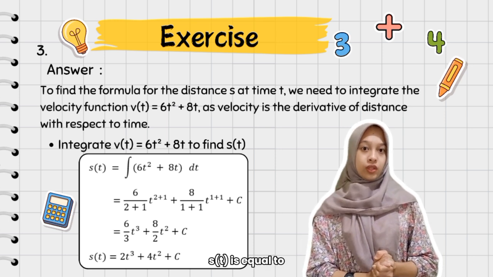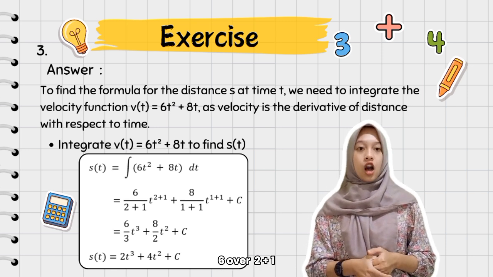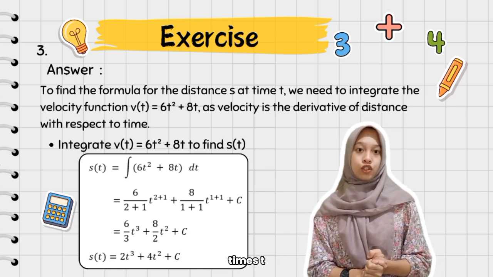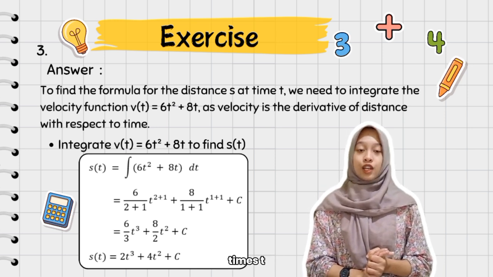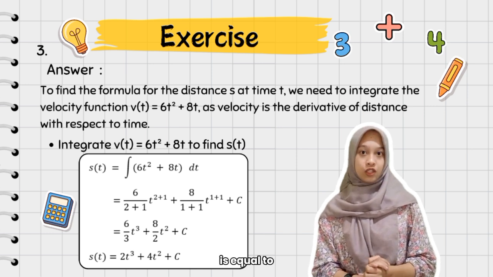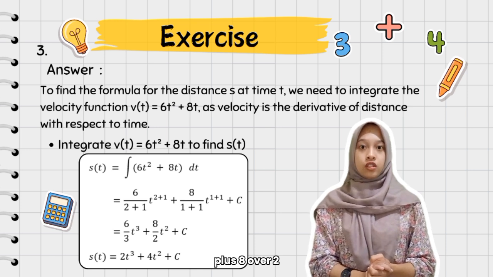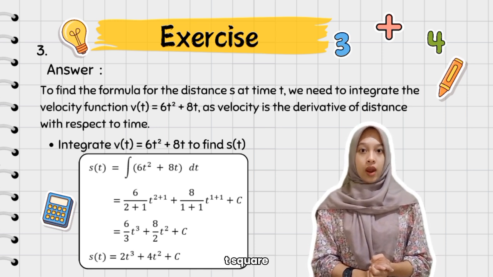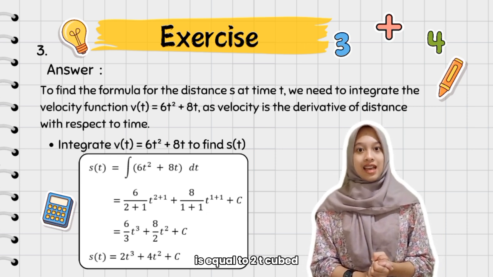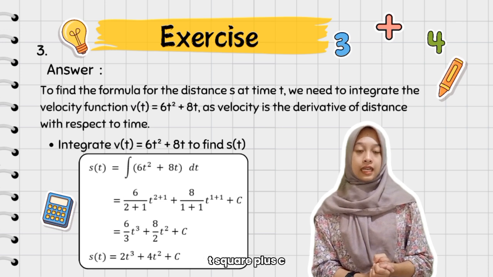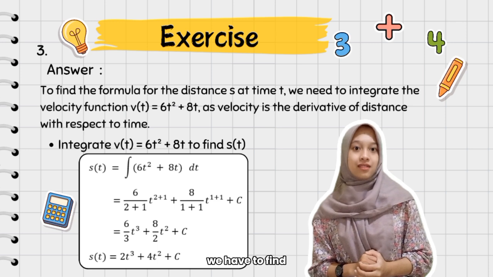So, s(t) is equal to the integral of 6t squared plus 8t, which is equal to 6 over 2 plus 1 times t to the 2 plus 1, plus 8 over 1 plus 1 times t to the 1 plus 1, plus c, which is 6 over 3 times t cubed plus 8 over 2 t squared plus c, which is equal to 2t cubed plus 4t squared plus c. Remember, c is a constant. We have to find the value of c.